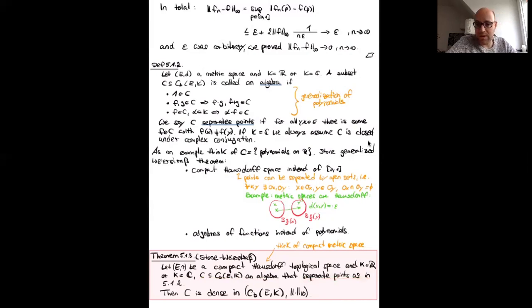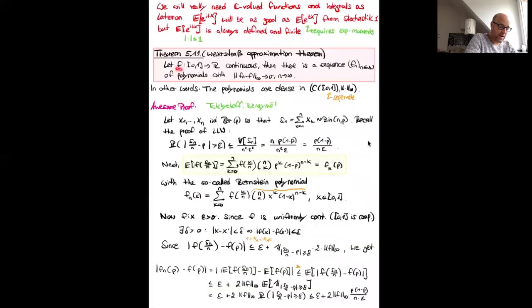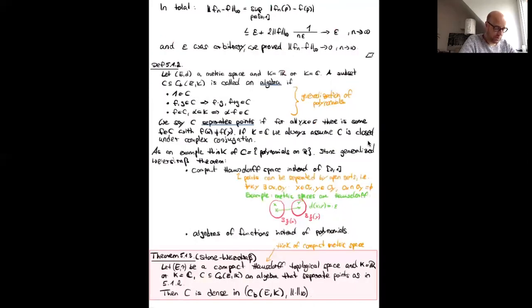Then C is automatically dense in the continuous bounded functions. Or I could also reformulate it as I did in here: for every f bounded and continuous, there's a sequence of polynomials that converges weakly to f.